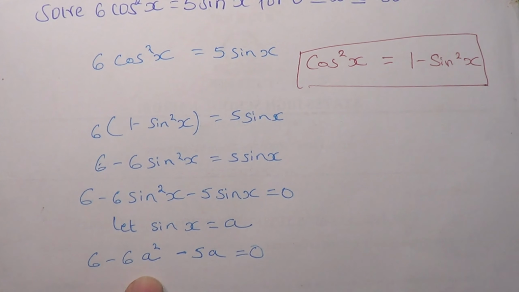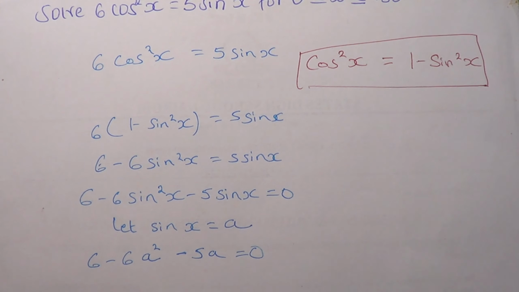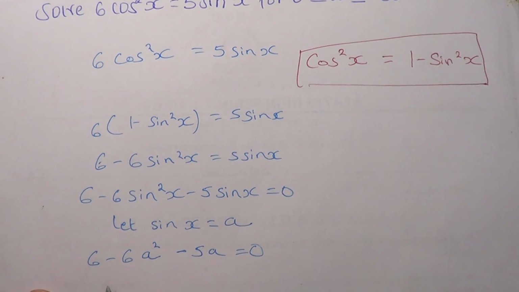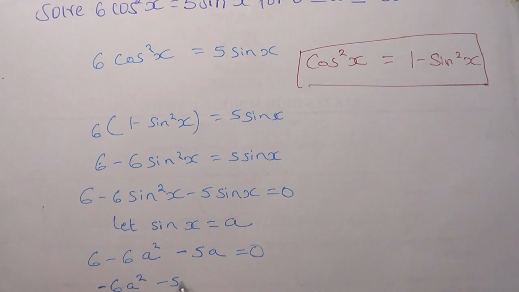I think you have seen the way I formed it. So after forming that, the next thing is now to form the quadratic equation. Now let me rearrange it: negative 6a² minus 5a plus 6 equals 0.